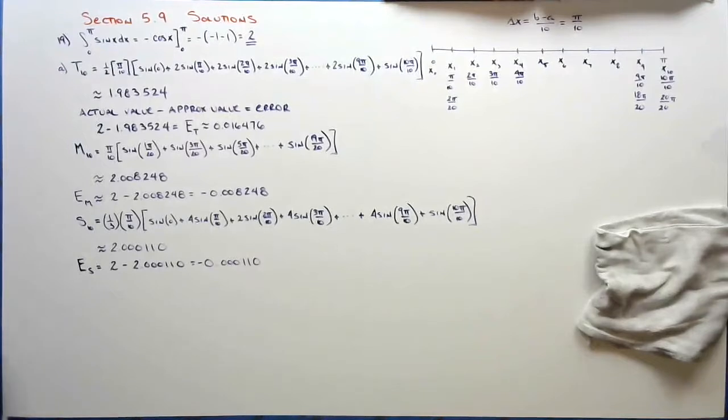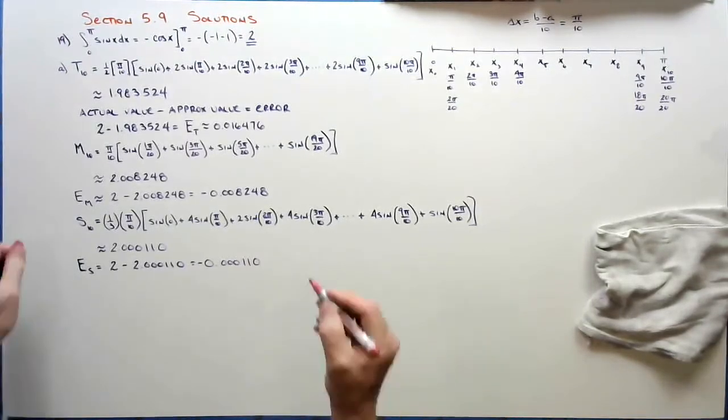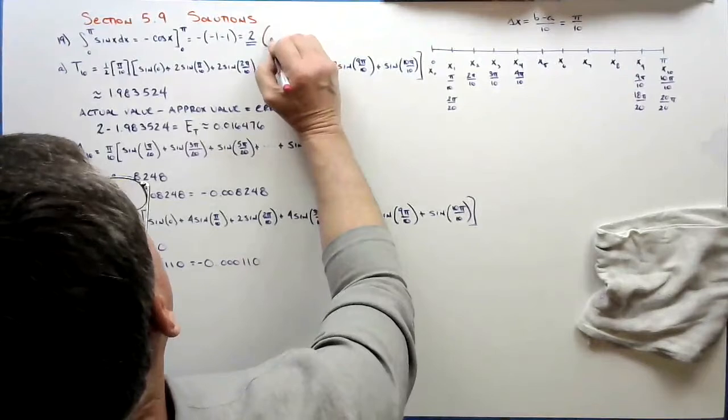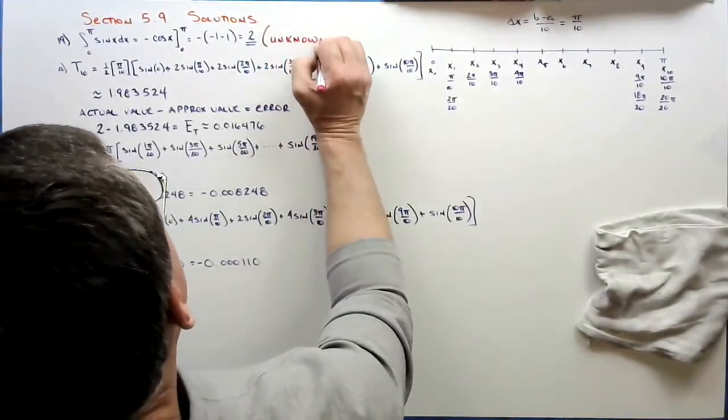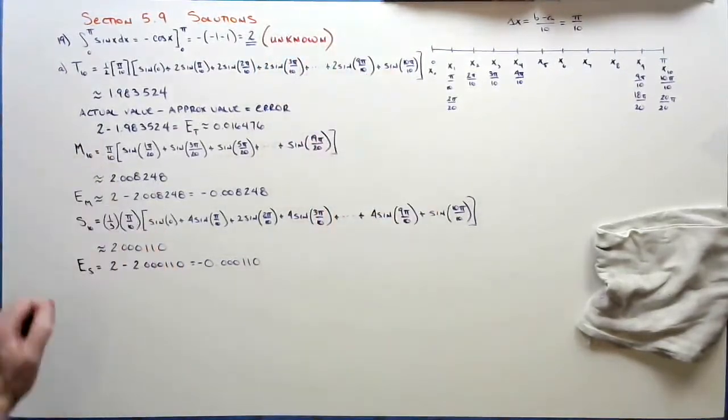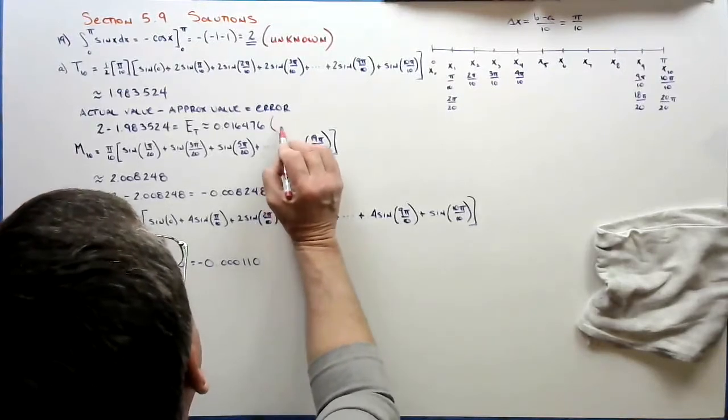Remember, this has some fantasy components to it. What do I mean by fantasy components? Well, I mean in real life. In real life, this would be unknown. We wouldn't be using approximation techniques to find the answer to an integral if we knew the actual value of this.